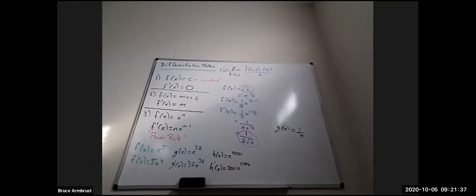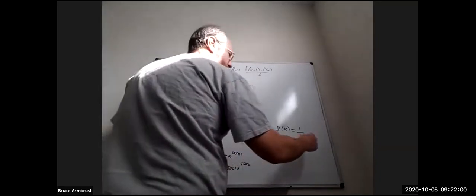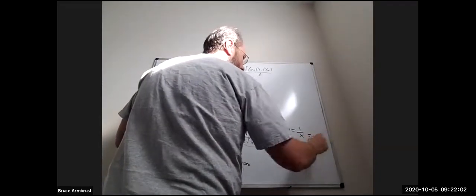You can go back and look at your notes and you can find a derivative. But let me show you how fast this is if we think of it as a power. So what power can we put on x to get 1 over x? All right, cool, negative 1. So yeah, this is the same as x to the minus 1.